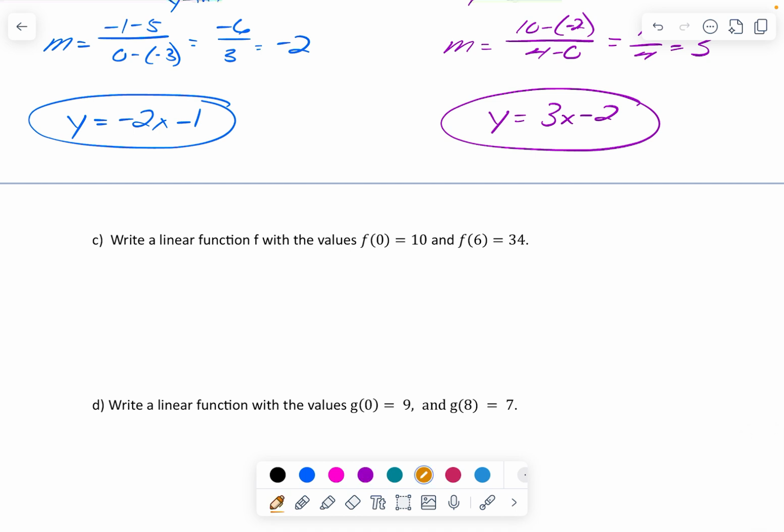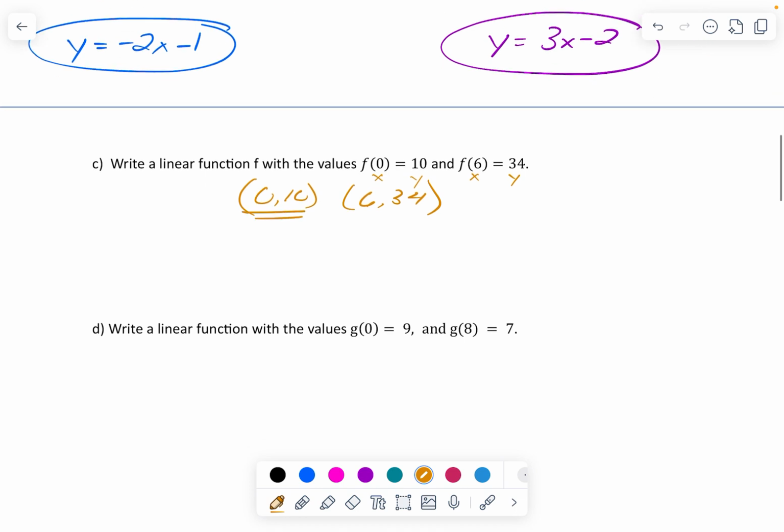Finally, just a different form. Notice, this was our function notation. So this means the value of the function when x is 0, y is 10. So basically I have these two ordered pairs, 0, 10, and when x is 6, y is 34, 6, 34. Those are my two ordered pairs.